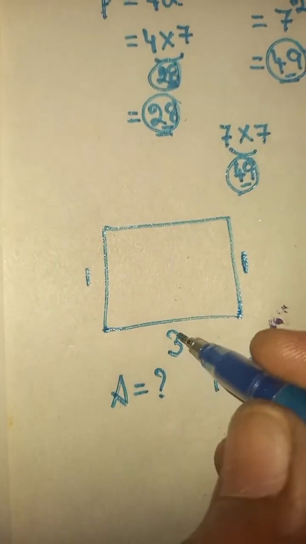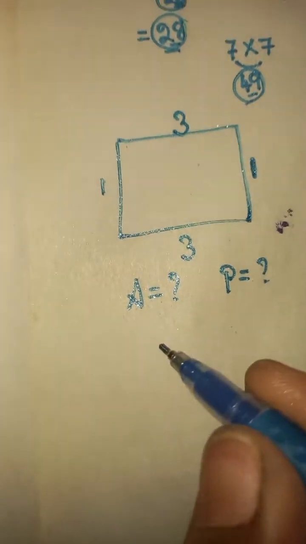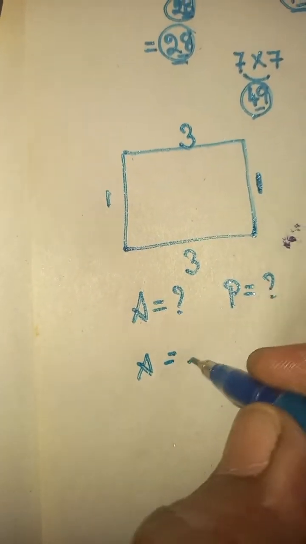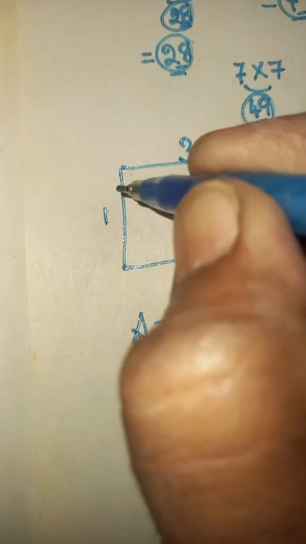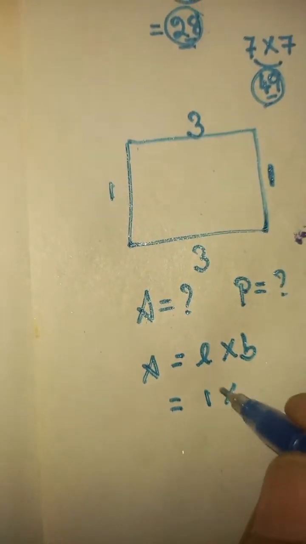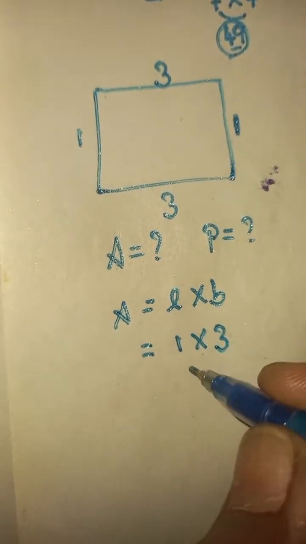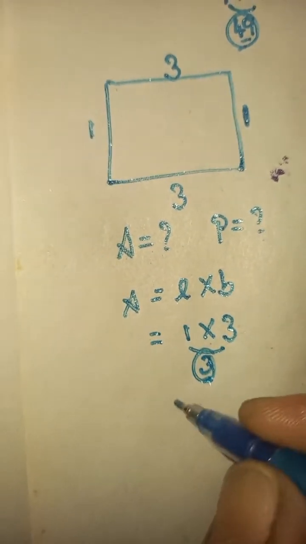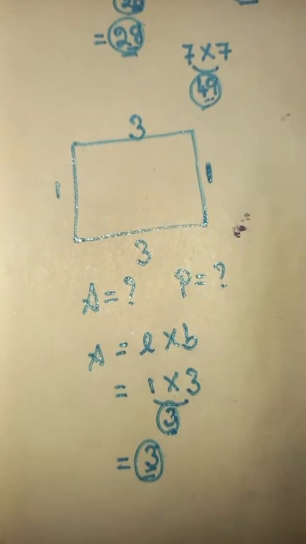This side length is 3 units, so the opposite is also 3 units. Area of the rectangle is length times breadth. Here the length is 1 unit times the breadth, which is 3 units. 1 times 3 is 3. So 3 square units is the area of this rectangle.